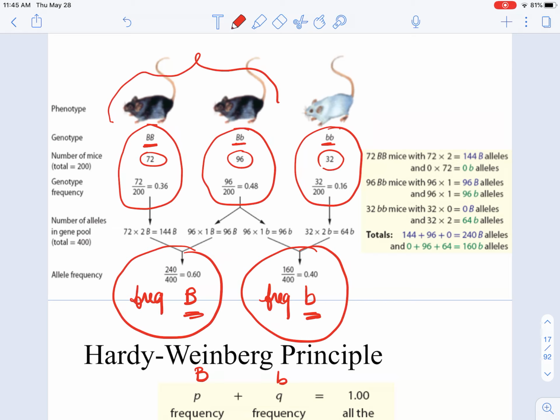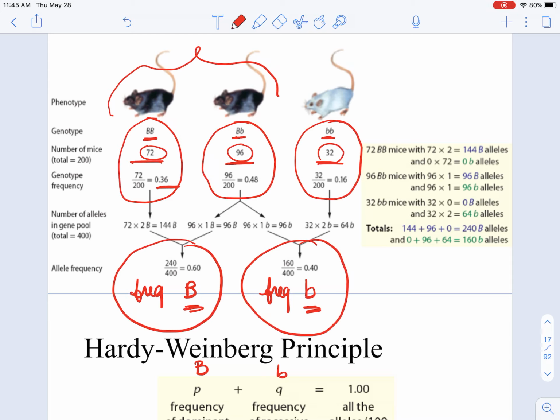If they knew exactly how many they had, though, magically, then you realize that that's 36%. If 72 out of 200 were homozygous dominant, that would be 36% of the mice. 96 of them being heterozygous would be 48% of the mice, and homozygous recessive 16% of the mice.